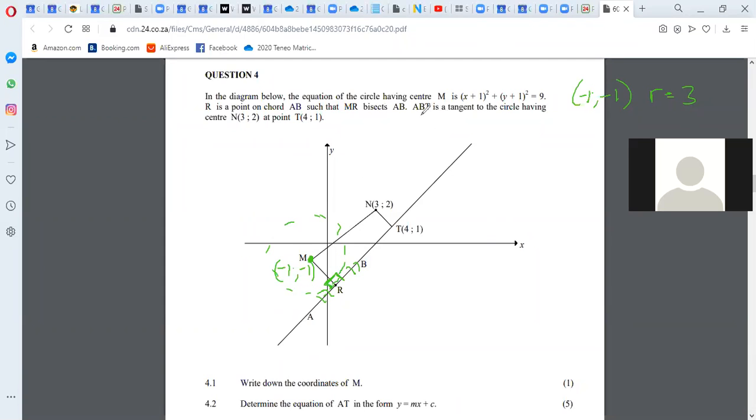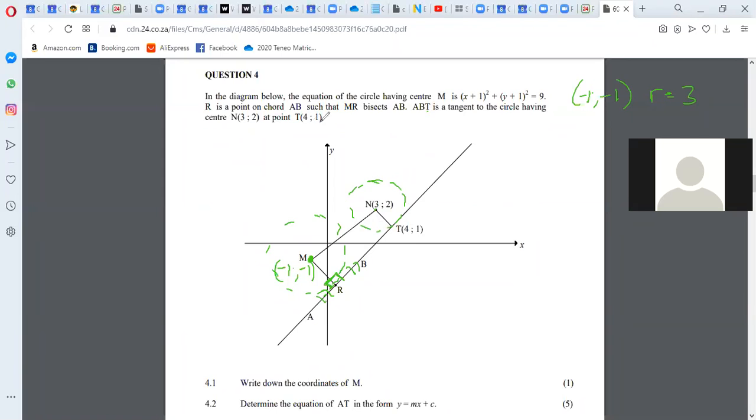They said that ABT is a tangent to the circle, and they're giving you a center N3T. Okay, so this is a little bit different. ABT is a tangent to the circle having a center N32.